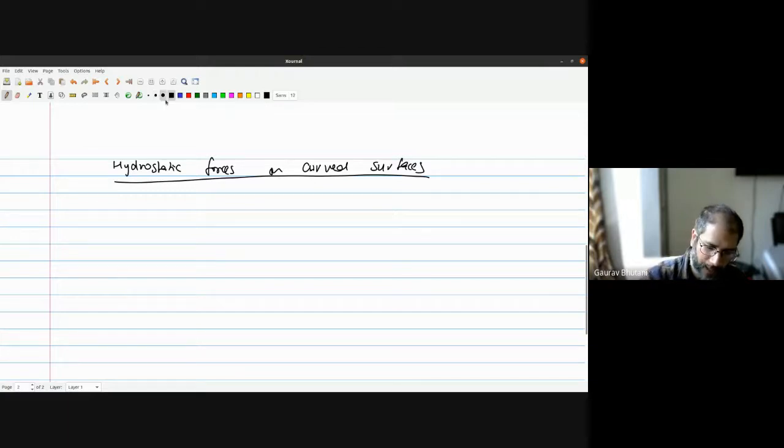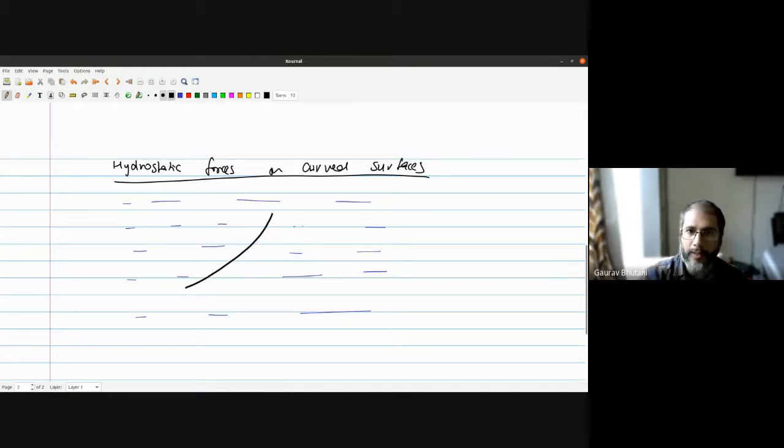Let's say we have a curved body which is immersed in a fluid, and this time the body is curved, not like the one we considered previously where it was at an angle theta. It was a horizontal body last time, but this time it could be curved.